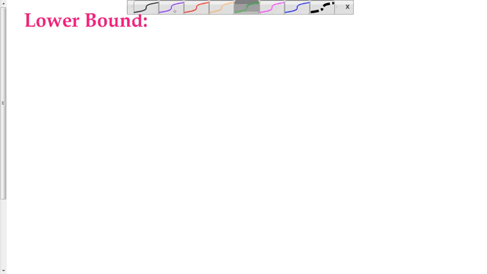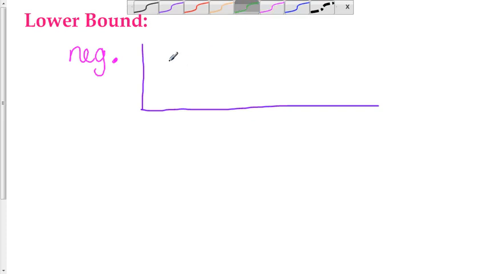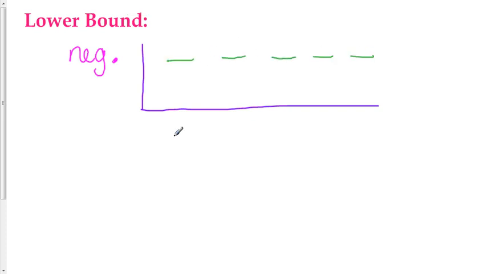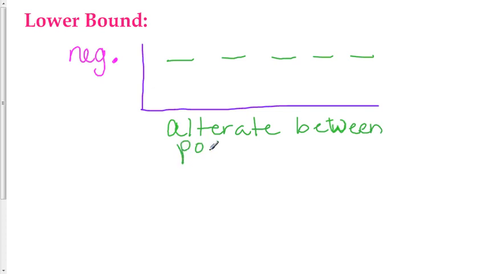Then there's a thing called the lower bound. Same type of principle, except it is slightly different as far as what happens. The number on the outside, if it's going to be a lower bound, must be negative. What's different about it is when you do your thing, and you've got your values here, the bottom here has to alternate between positive and negative.